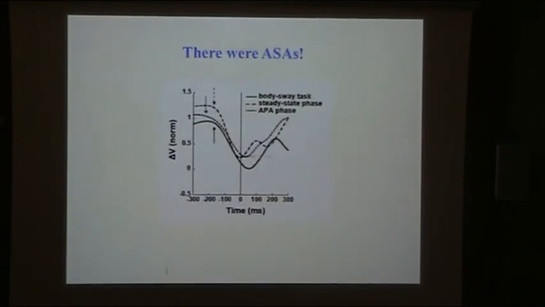So anticipatory synergy adjustments, one can very clearly see them. This is the index of the synergy. It's always positive in all cases. The 3 lines correspond to 3 different types of analysis. They are not exactly on top of each other, but the general pattern is very similar. They start with a highly positive value, and then about 200 milliseconds to 250 milliseconds before the movement initiation, the synergy stabilizing center of pressure starts to drop and actually goes pretty close to zero.